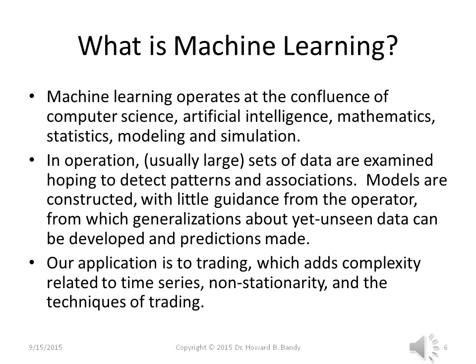Models are constructed with little guidance from the operator, from which generalizations about yet unseen data can be developed and predictions made. Our application is to trading, and that adds the complexity related to time series, non-stationarity, and the techniques of trading.